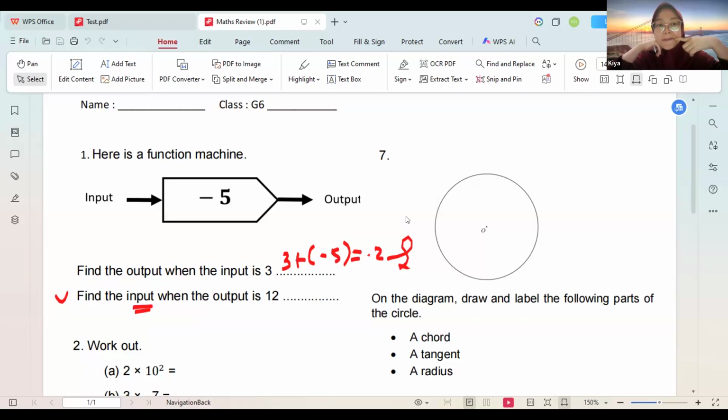Because when we add 12 and -5, it equals -7. Okay, wait a minute. When I place -7 here, what is the output that should appear there? -12. Yeah, -12. Here I want the output to be just 12 without negative.